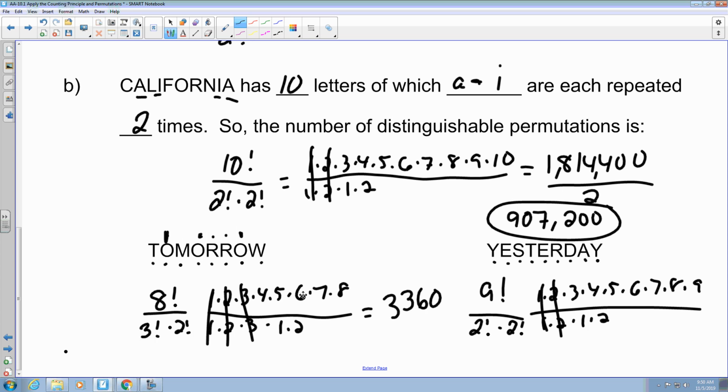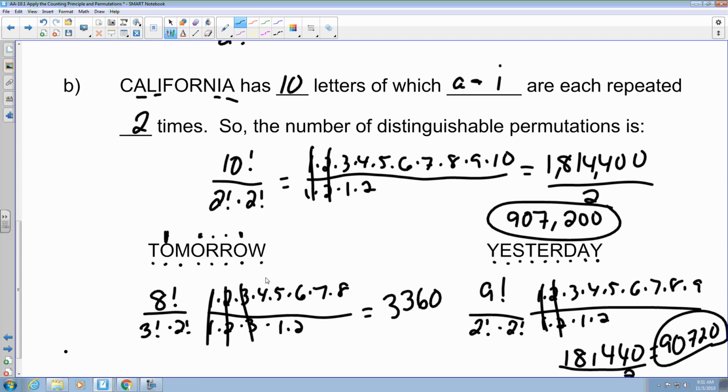I get 3 times 4 times 5 times 6 times 7 times 8 times 9, which is 181,440. Divide that by 2, and I get 90,720.